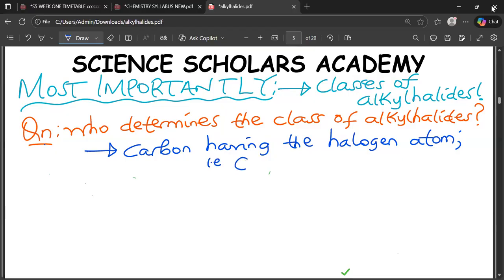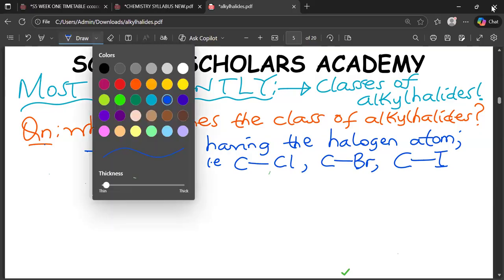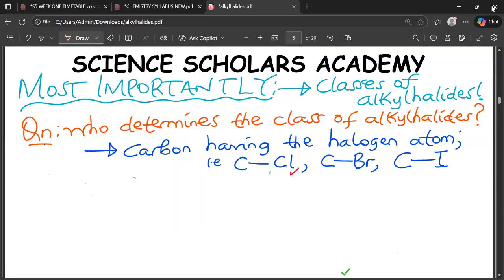That one carbon atom that will have the Cl, that one carbon atom that will have the Br, that one carbon atom that will have the I. It will depend on the structure. It will always depend, and I'm going to show you how. So the moment you realize that one carbon touching the halogen atom, it is that carbon that will determine the class.